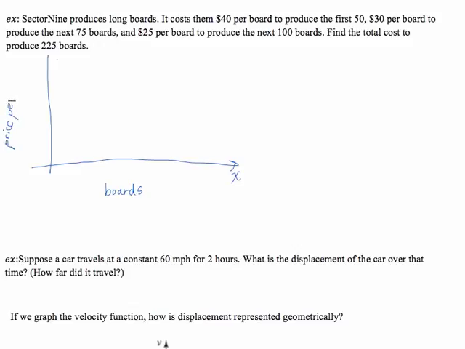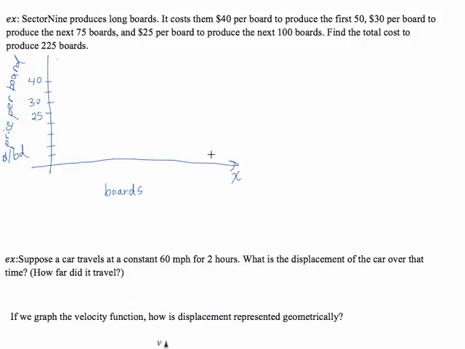Okay, now the price starts at $40 per board, and then the more boards that are produced, the cheaper it gets to produce them. So it decreases to 35 and then 25. So let's go by 5s, 10, 15, 20, 25, 30, 35, 40, okay? And this is in dollars per board.